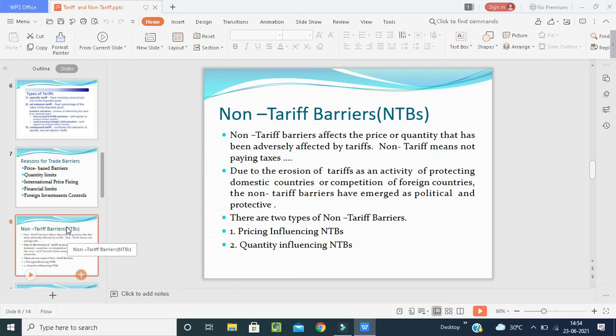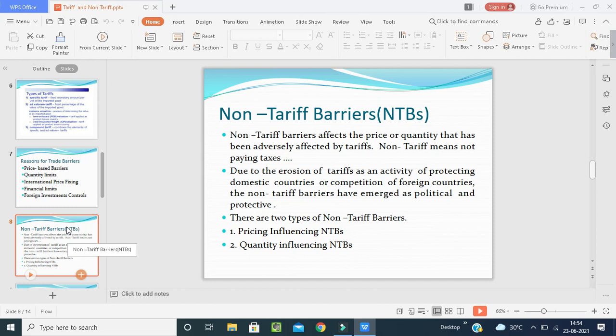Next one is non-tariff barriers. Non-tariff means not paying the tax. In simple terms, non-tariff barriers affect the price or quantity, as adversely affected by tariffs. Not only price and quantity, but the quality of the product will also be affected.